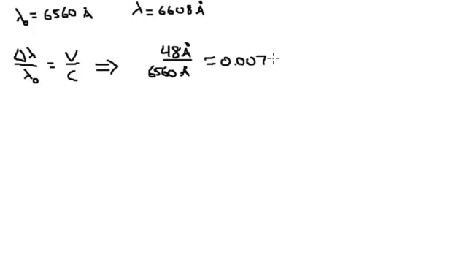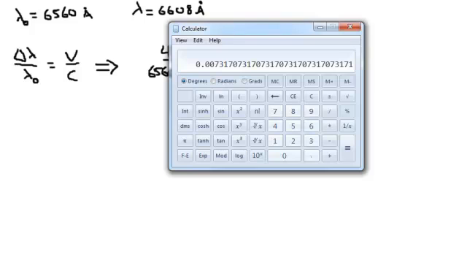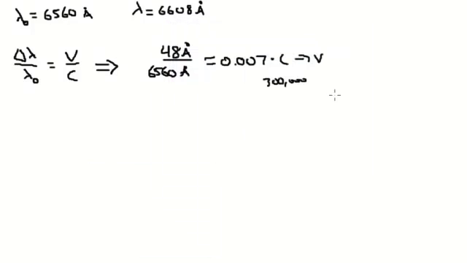The speed of light in kilometers per second is 300,000. So I can multiply that really quick. Take this number times 300,000, and that gives me 2,195. So the speed of this galaxy is 2,195 kilometers per second. That's incredibly fast, right? It's really, really fast.